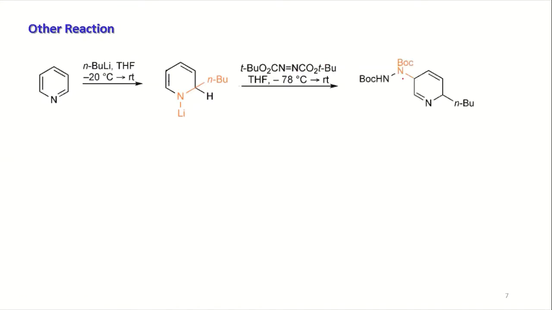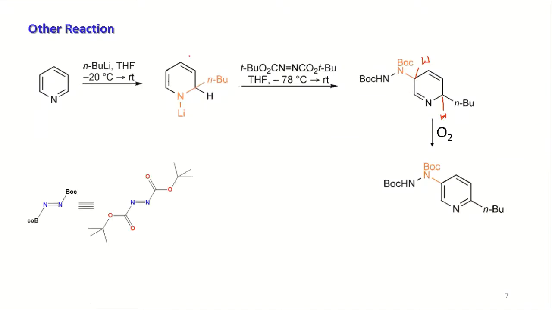You have generation of this, with hydrogen here and hydrogen here, right? So it needs to get aromatized. In the presence of molecular oxygen, it can undergo aromatization, and you have this substituted pyridine at this position. It's a very important reaction. Your reaction is driven first by nucleophilic addition, followed by an electrophilic reaction.